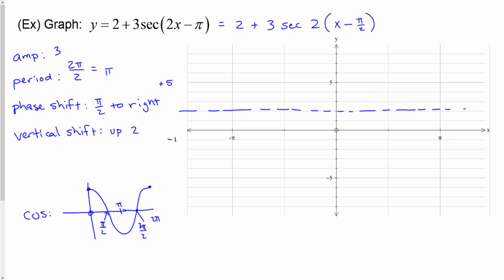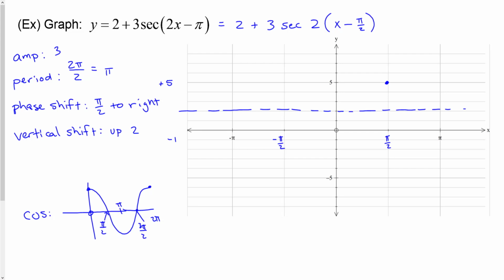Now, the cosine is going to be shifted pi over 2 units to the right. So pi over 2 is going to be here, halfway between 0 and pi. This is going to be negative pi over 2. So that means I'm going to be at a maximum at pi over 2.